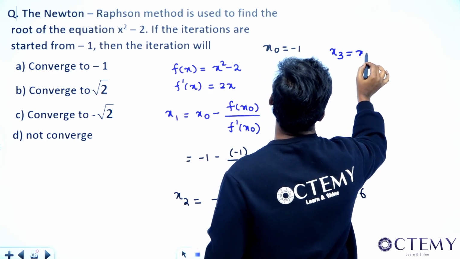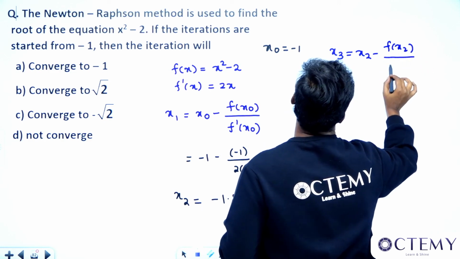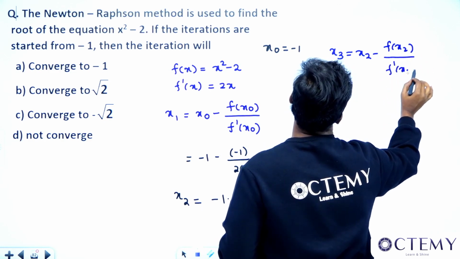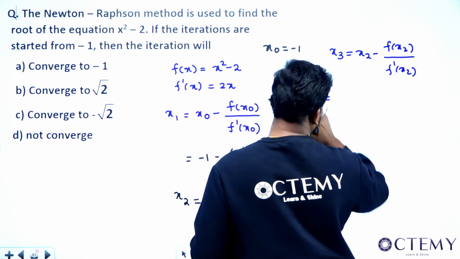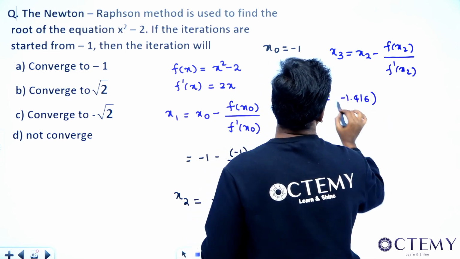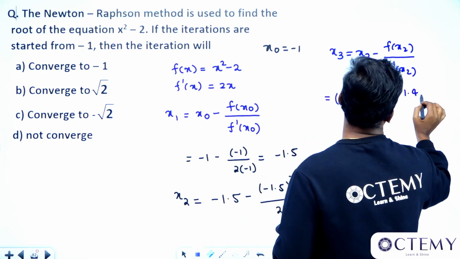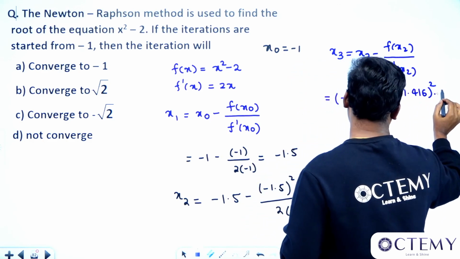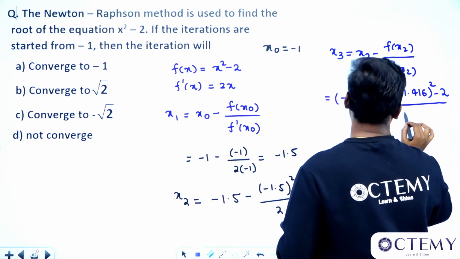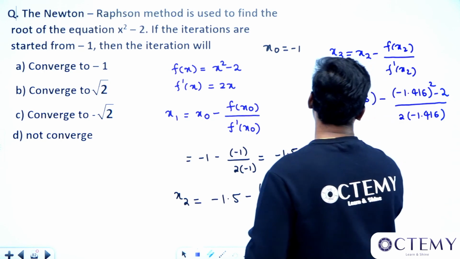Next, one more derivation if we do, we will understand. x3 will be x2 minus fx2 divided by f dash x2. So that should be equal to what? Minus 1.416 minus 1.416 square minus 2 divided by 2 into minus 1.416.